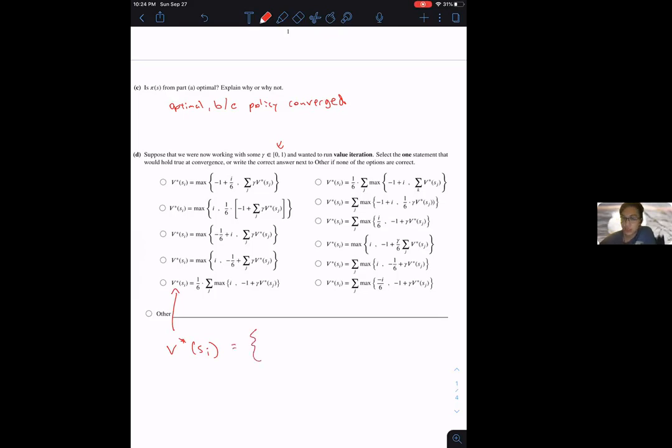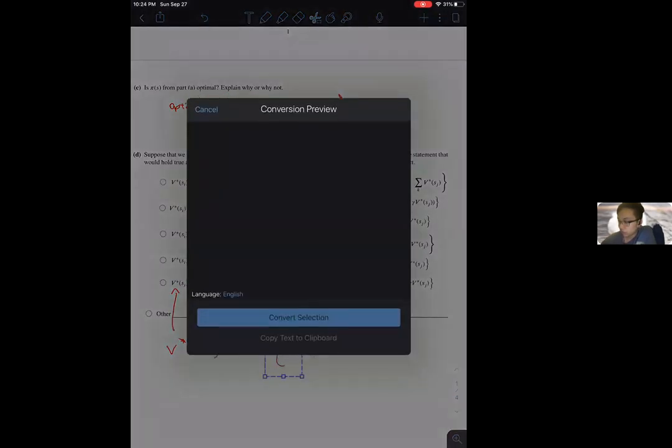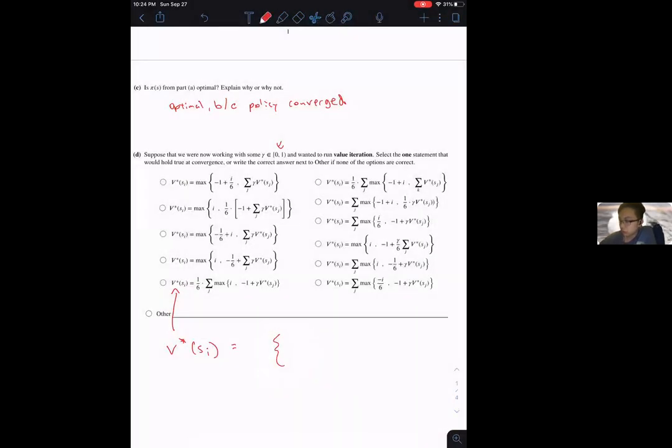If we consider the value at every state, we want to take the maximum of first stopping. In the case that we stop, we get value equal to the index of the state, right? So for Si, if we were to stop at this current state, we would just get value i.